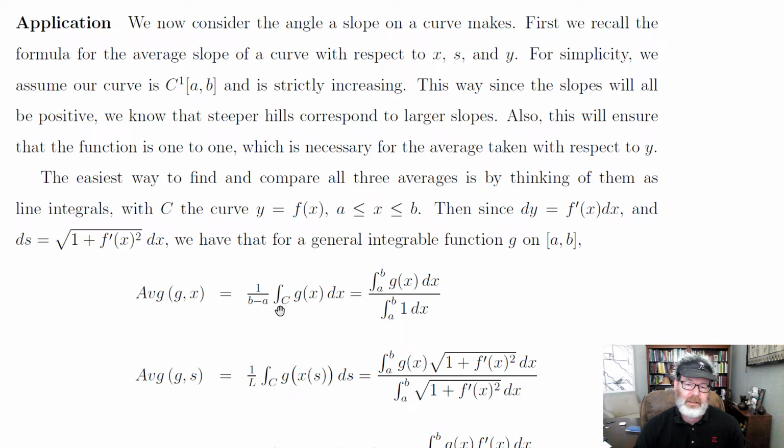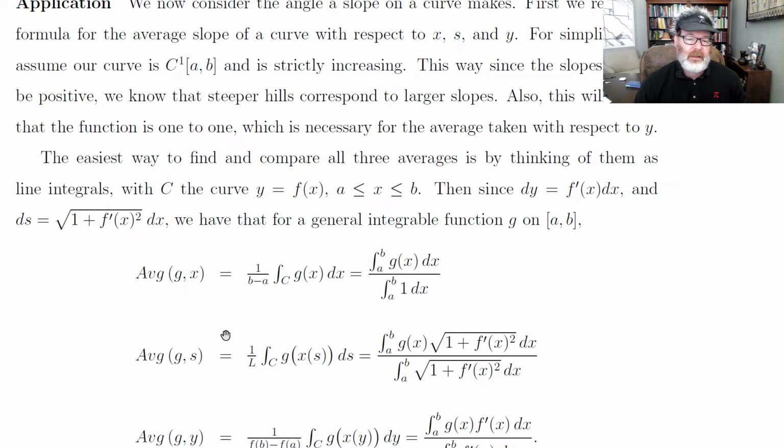Here I kind of do it as a line integral because I want to view these others as line integrals. So you integrate the function, divide by the length of the interval, and that's the average value of a function g. If I want the average value of a function along a curve with respect to arc length, then I essentially want this line integral and divide by its length to get the average value.